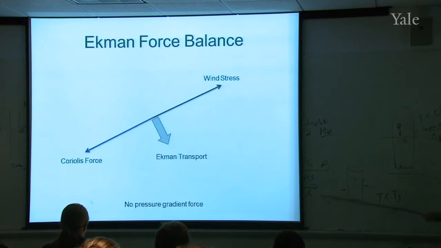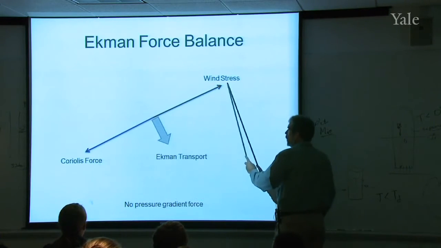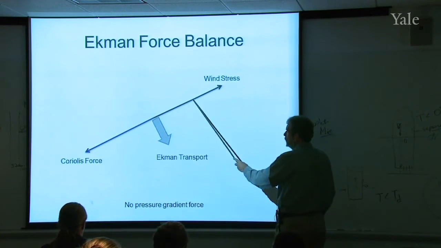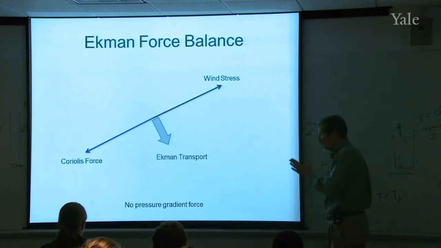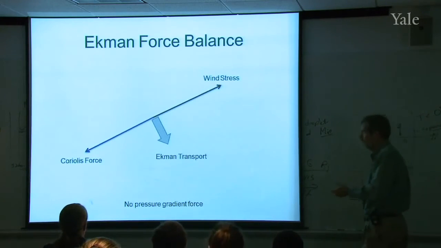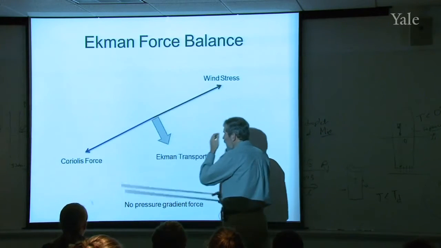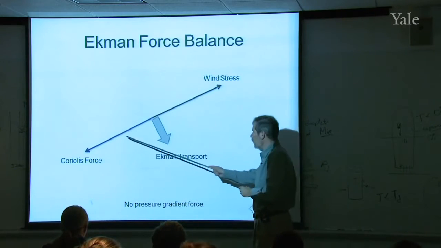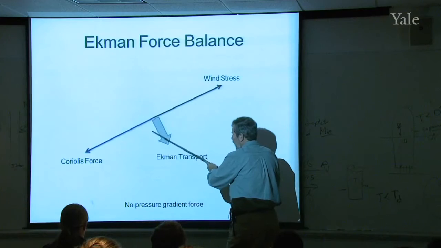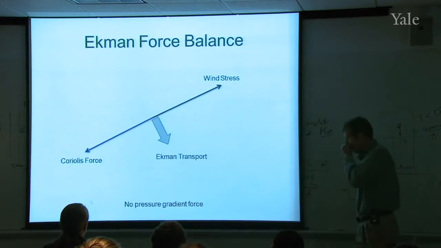And so if you had a wind, say from the southwest to the northeast, giving a wind stress in that direction, that's the black arrow, and you gave it a few hours to come into this new state of balance called the Ekman force balance, that force would be balanced by the Coriolis force, and if that's going to be the Coriolis force, then the Ekman transport must be in that direction so that the Coriolis force is at right angles to the net Ekman transport.